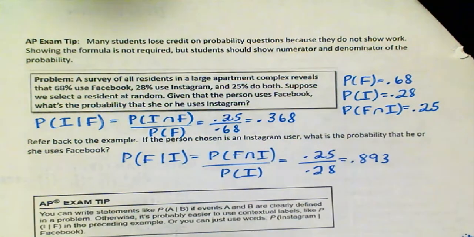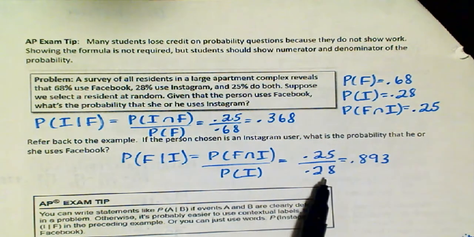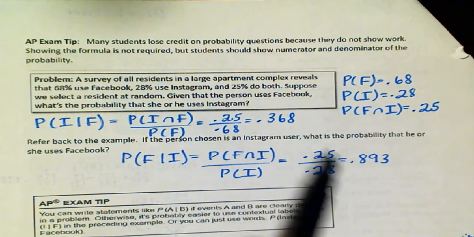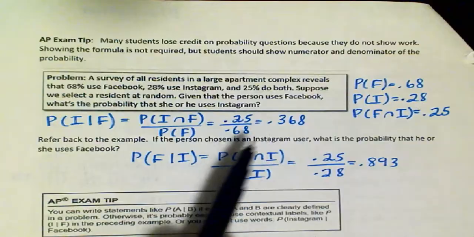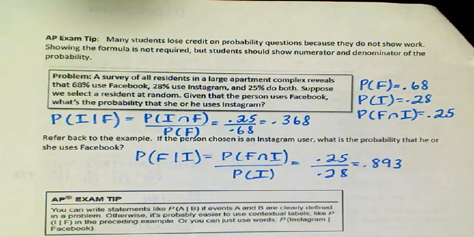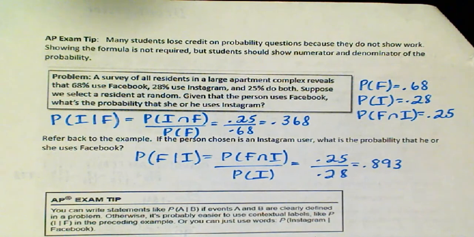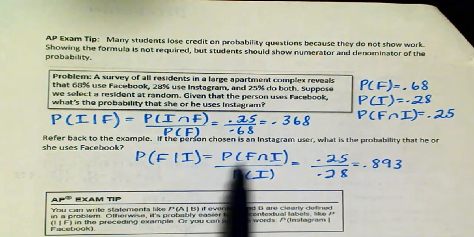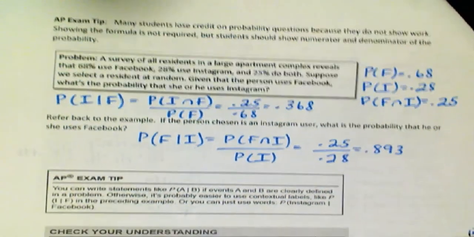And when you go through and you do that problem, you get the 0.25 and then the 0.28, and you do get two totally different answers. So please make sure you pay attention to the conditional part. It goes behind the line. And then when you use your formula, it's always the probability of both things happening, and then the probability of that goes in the denominator.